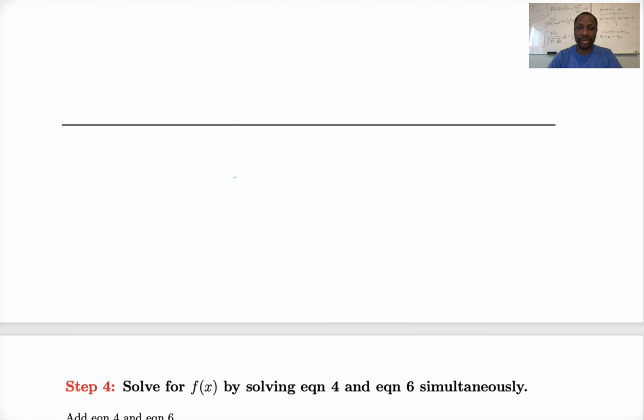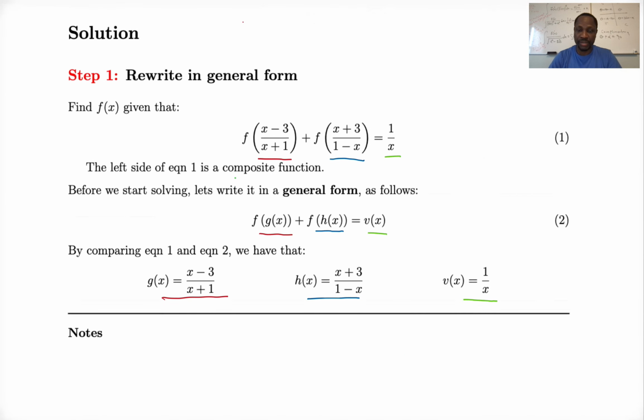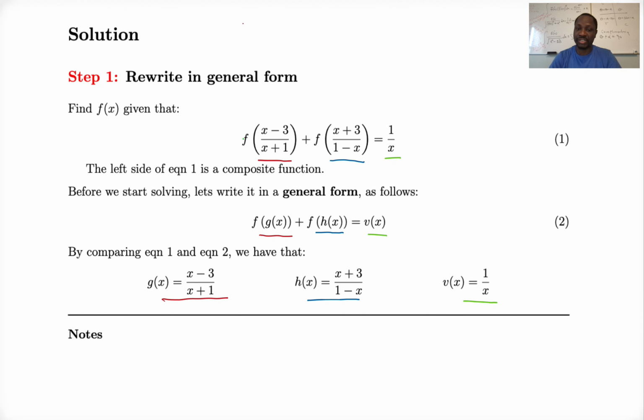Let me quickly go back to the original question, and maybe you will notice what I'm noticing. Look at the original question. The left hand side is exactly the same as the boxed portion. The difference is just the variable choice.